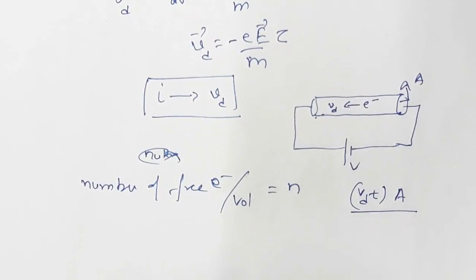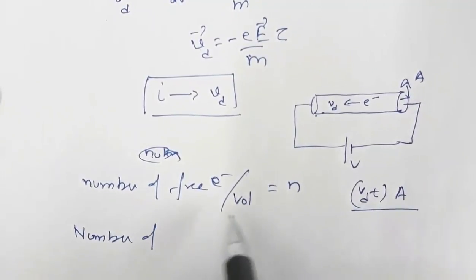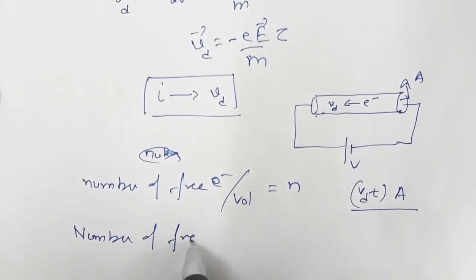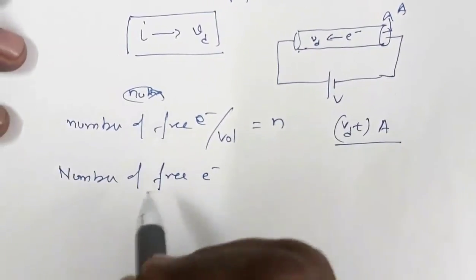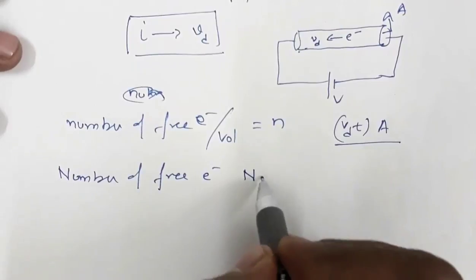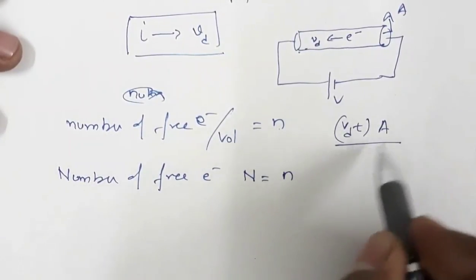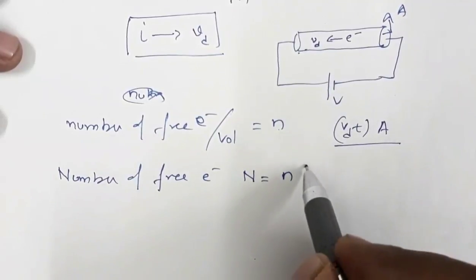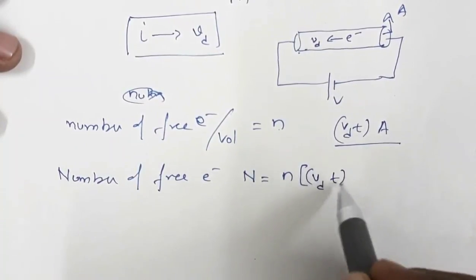The total number of free electrons, if it is equal to capital N, will be equal to n, the number of electrons per unit volume, into the volume traversed. So that is N = n vd t A.